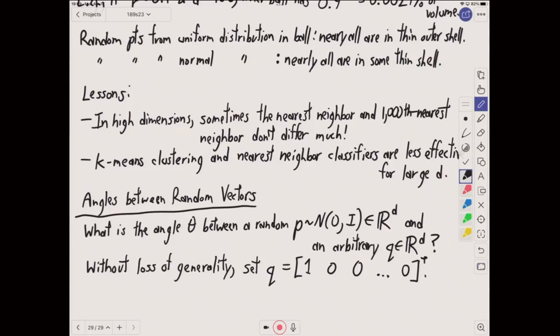Because it doesn't really matter what direction Q points in. As long as it points in a direction, the answer is going to be the same, no matter what direction it is.